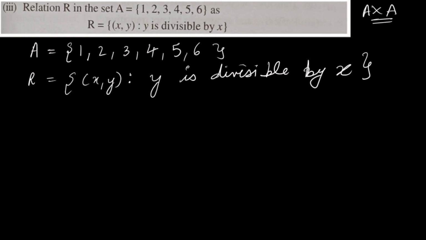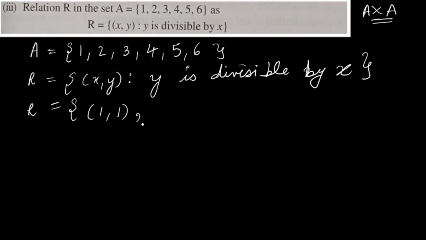First of all, we'll write the relation in roster form. So R equals (x, y) such that y is divisible by x. Now we can see here 1 comma 1 is acceptable. If we write all the elements, there will be so many.